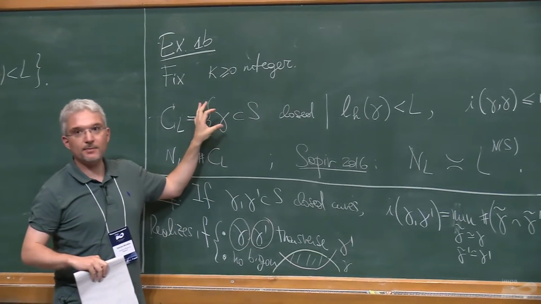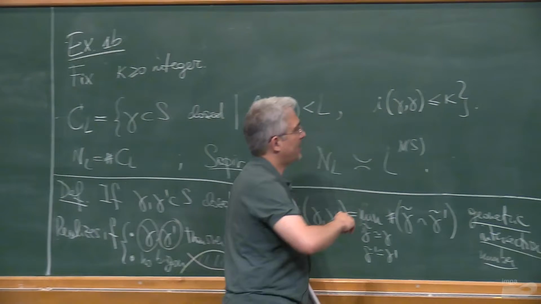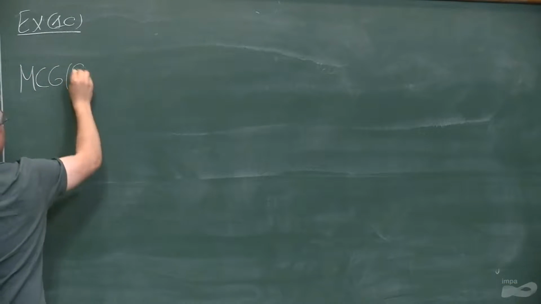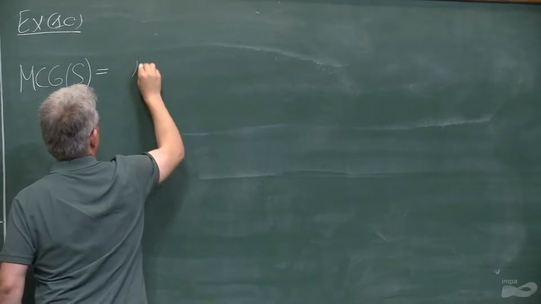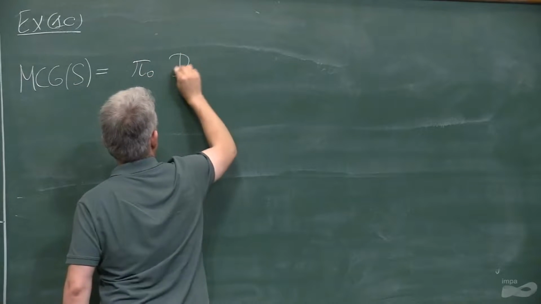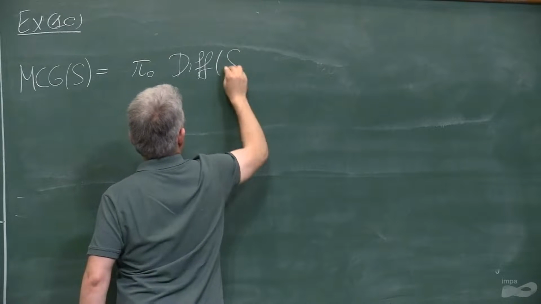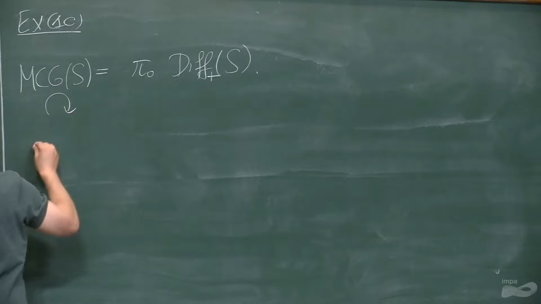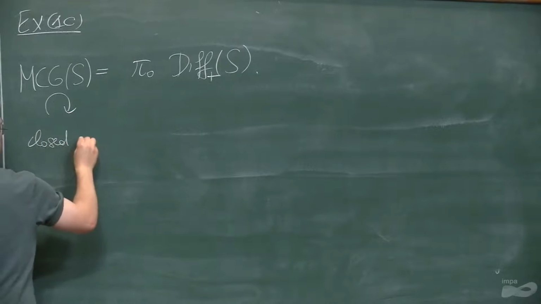So what does a type mean? What is the mapping class group of S? This is just the group of connected components of the diffeomorphisms of S that preserve the orientation. So these are isotopic classes of diffeomorphisms of S. So this clearly acts on the set of closed curves.